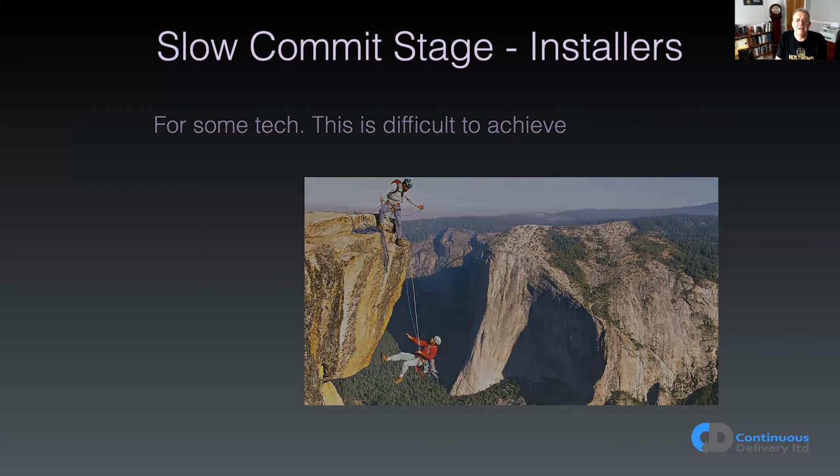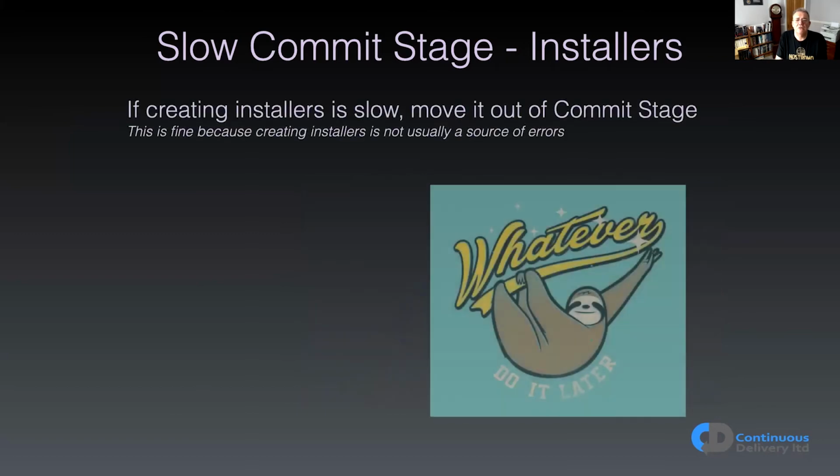Building those installers might be problematic. I'm thinking of things like embedded devices or FPGAs, where just the process of generating the deployable thing, in this case, burnt silicon, is costly. It's going to slow you down.